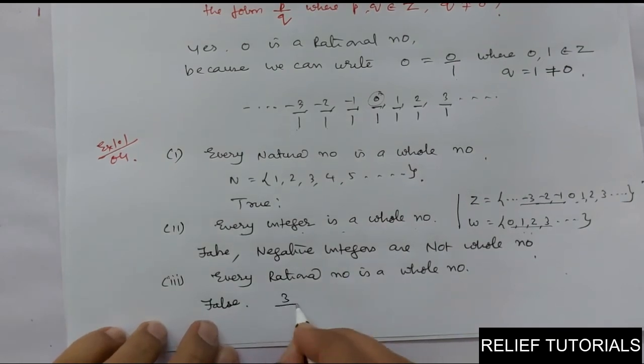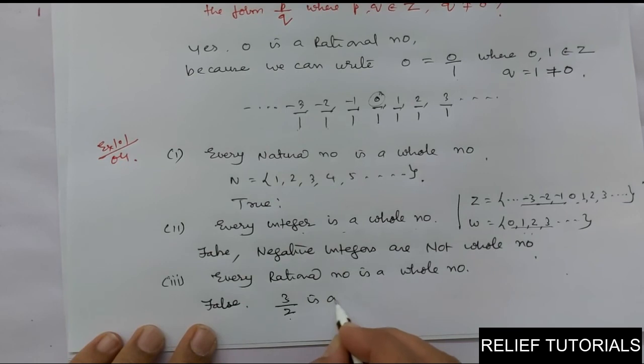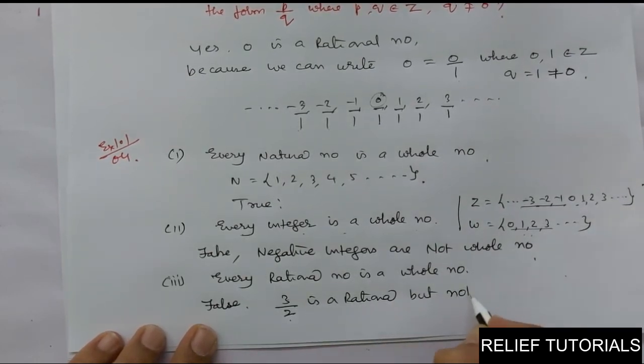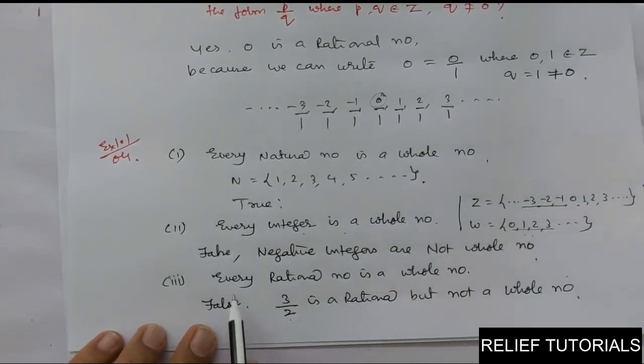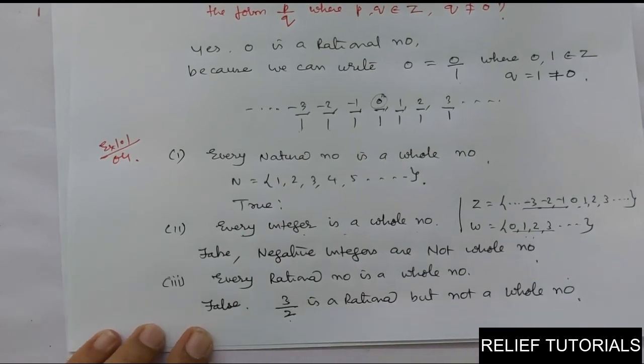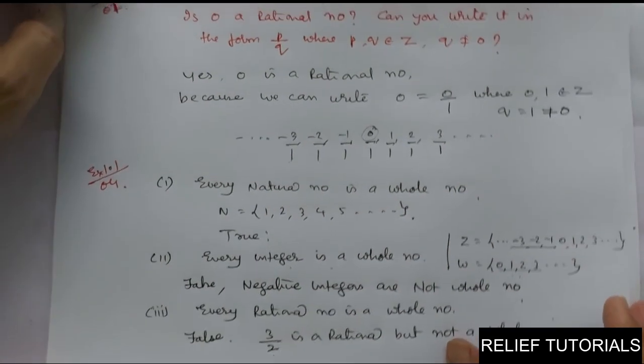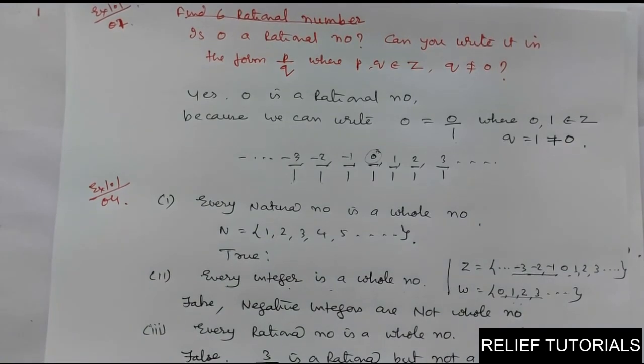See, 3 by 2 is a rational number, it can be written in the form P by Q, but 3 by 2 is not a whole number. So therefore we can say every rational number is not a whole number, but every whole number is a rational number. So with this we have completed your exercise 1.1.